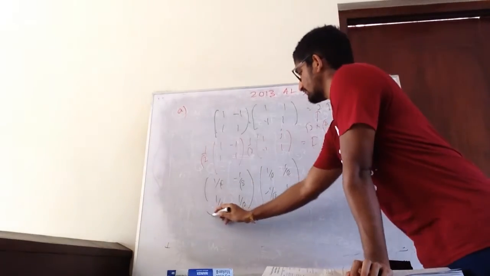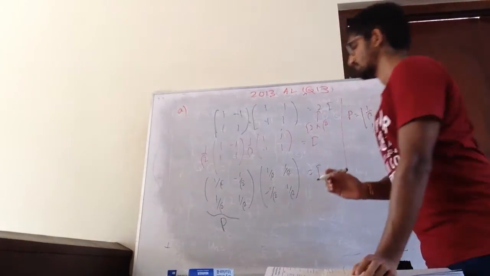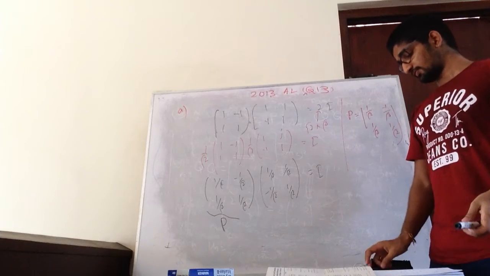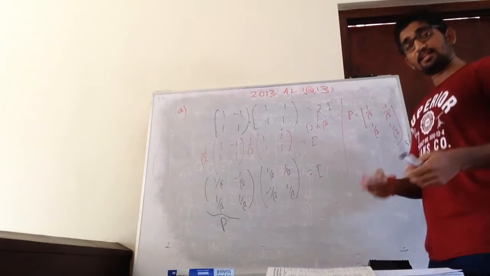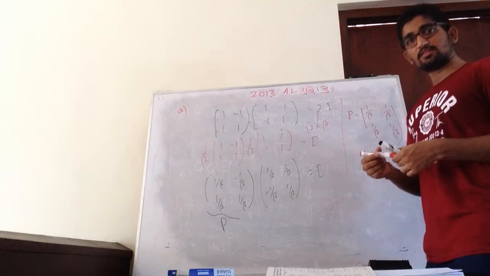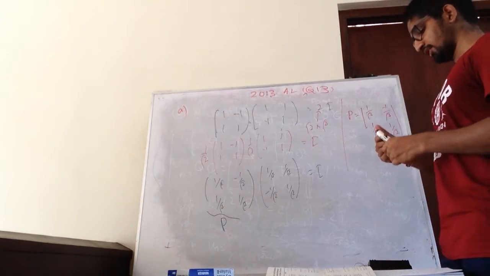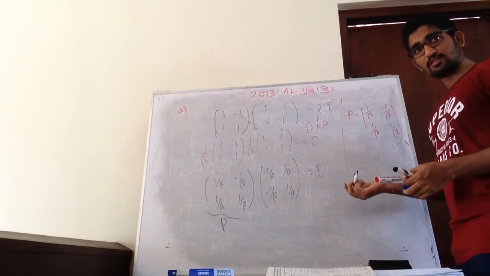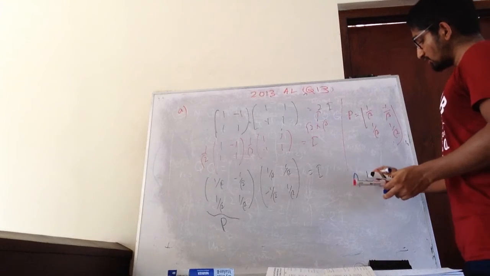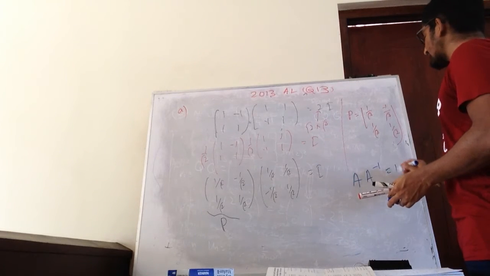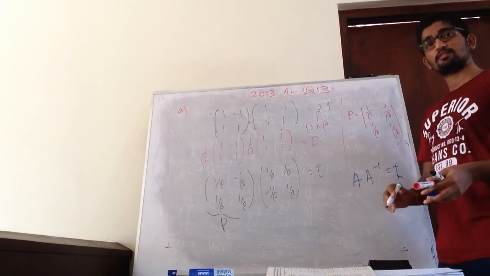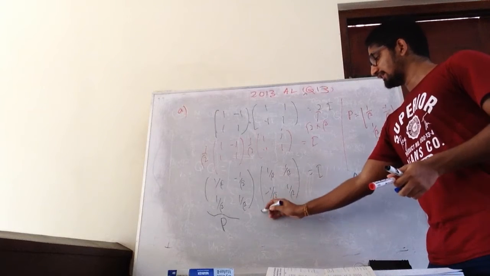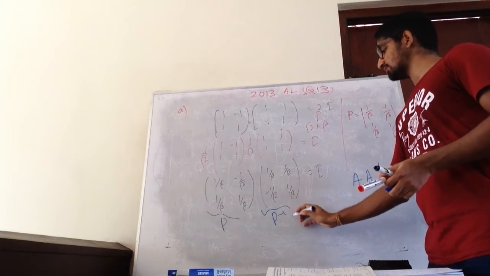This is P. There's an important property of the inverse: if A is a matrix, then A into A inverse is always I. Since this is I and this is P, this should be P inverse.